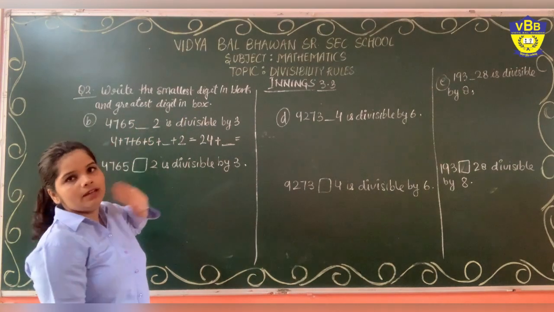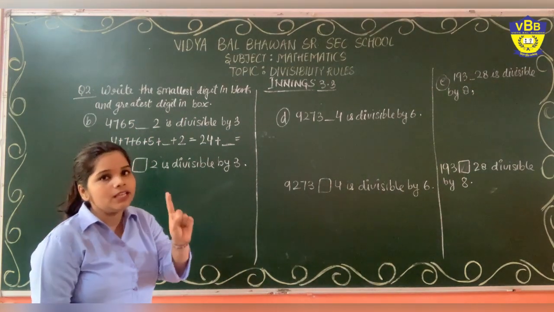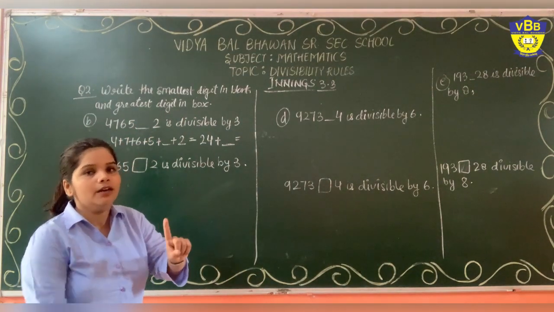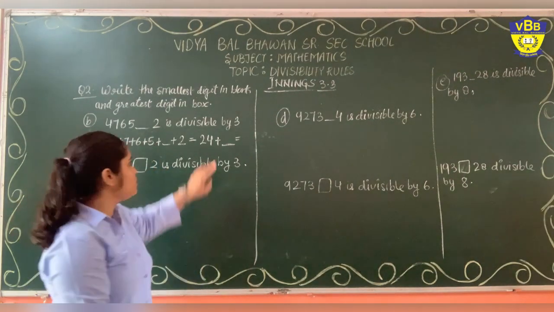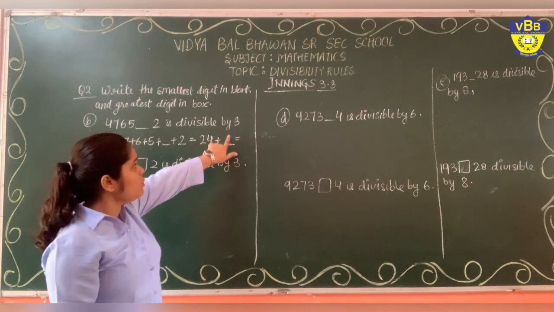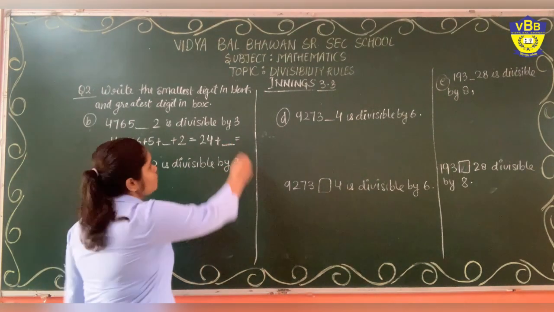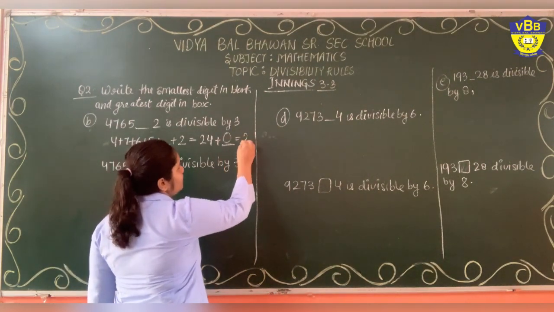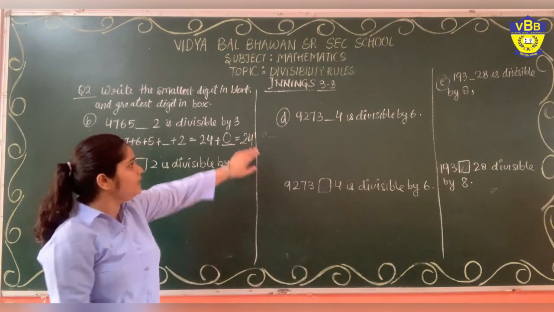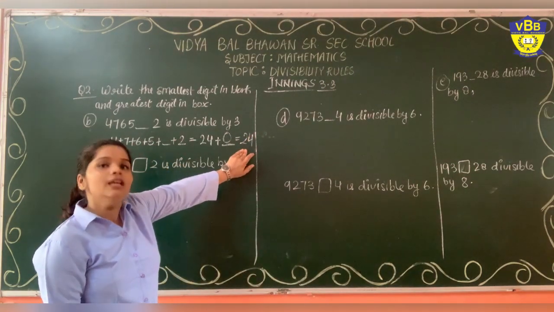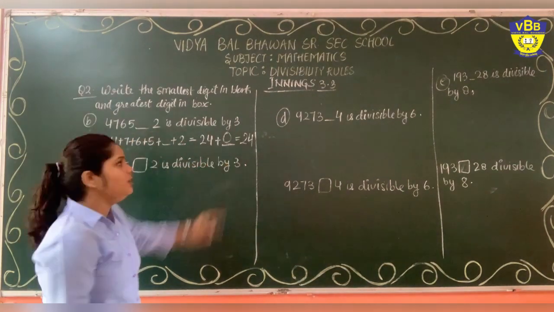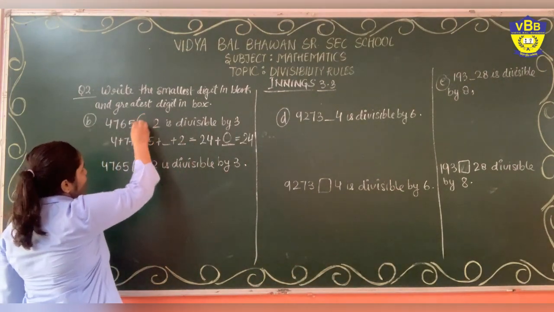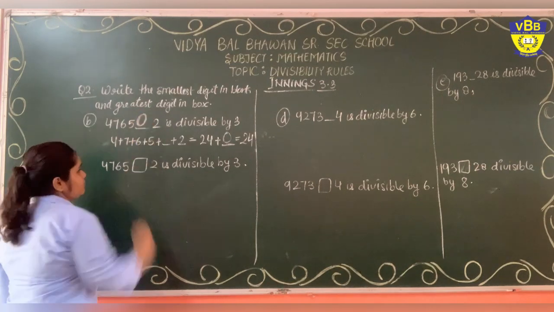It starts with 0 and goes till 9. If you add 0 here, the sum will be 24. Will it be divisible by 3? Yes, it will be divisible by 3. The smallest digit should be 0. So the answer here is 0.